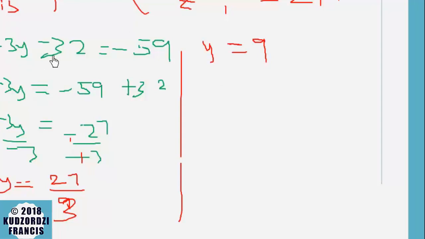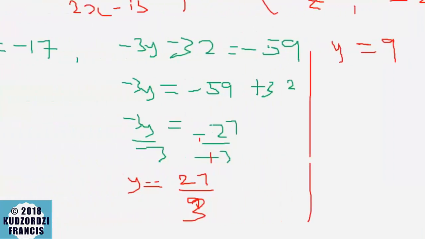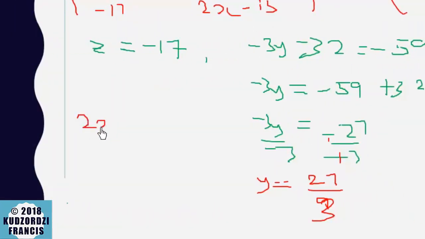Now we look for the value of x next. So we know 2x minus 15 is equal to negative 27.